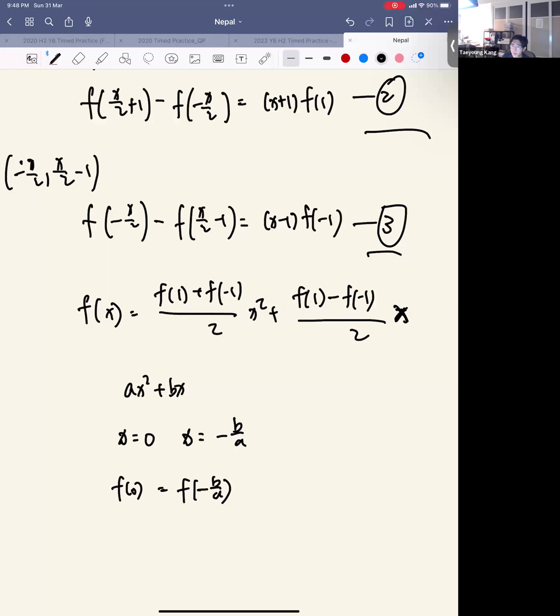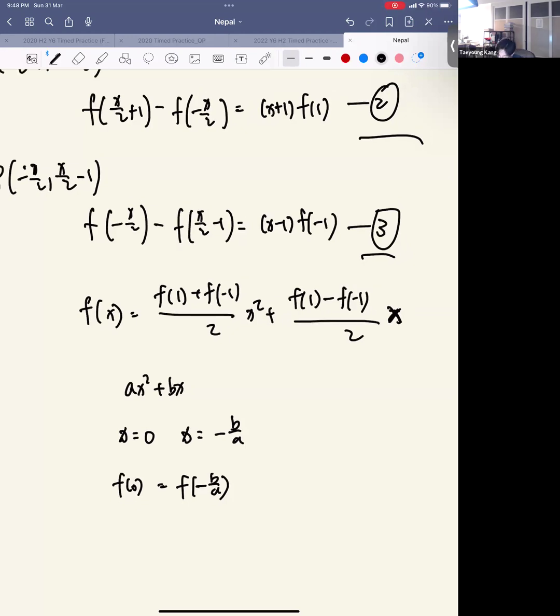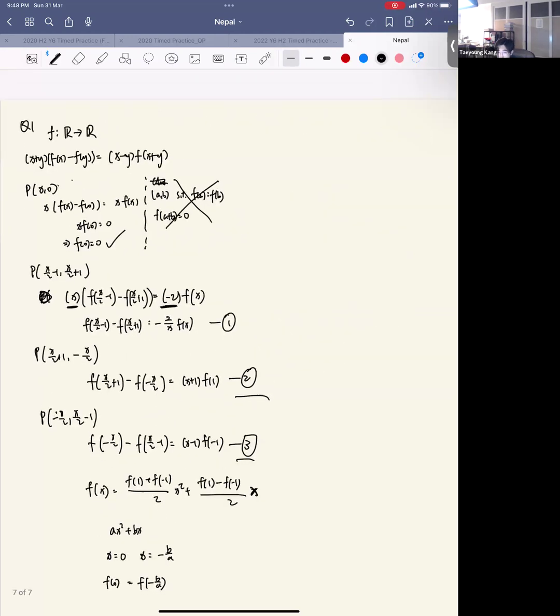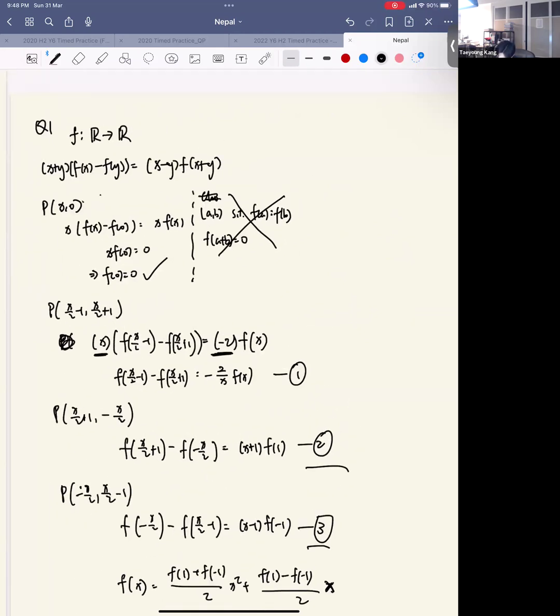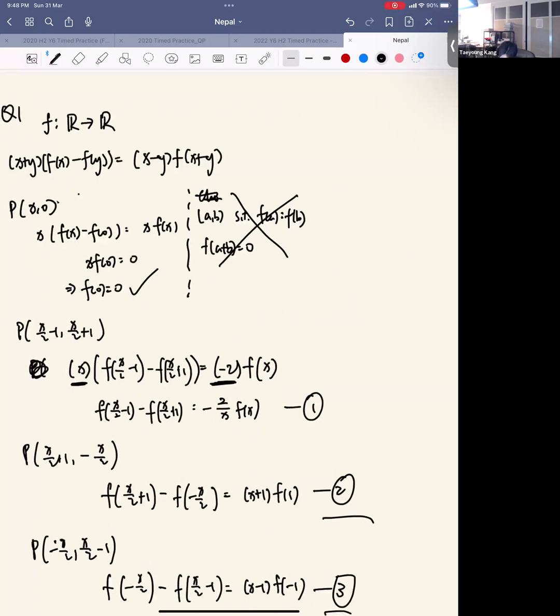Substitute x, 1 minus x, then put x equals 1. Wait, we can try what John is suggesting. x, 1 minus x, okay, let's see.